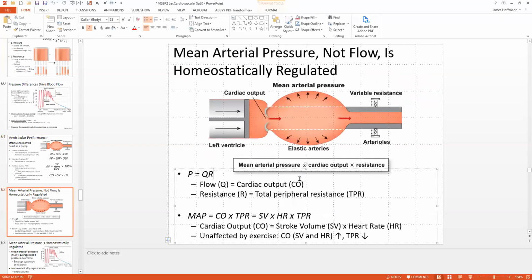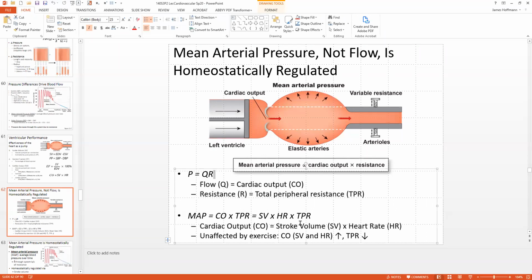So if I go to this slide, pressure equals flow times resistance, right? That's our general equation. If we take a specific pressure, mean arterial pressure, equals a specific flow, cardiac output, the flow of blood out of the heart, times a specific resistance, the resistance to flow in the body, we've just taken this general P equals QR equation and made the specific mean arterial pressure equals cardiac output times TPR.